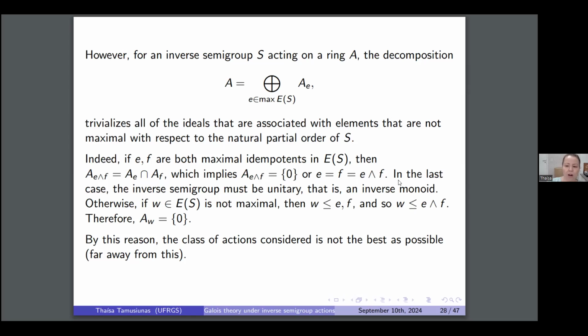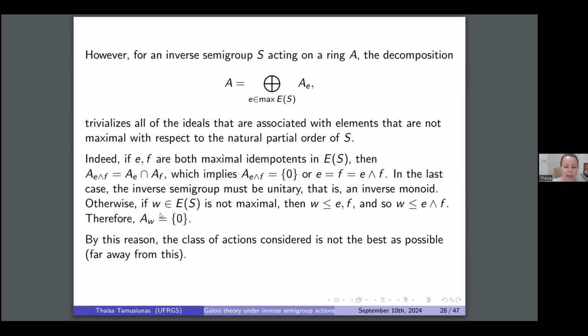But if all the maximal idempotents are equal, well, then we have an inverse monoid. There's only one maximal, and then it's a monoid. Otherwise, if we have another element which is idempotent, it's not maximal, then it is less or equal than E and F, and then it's less or equal than the meet.